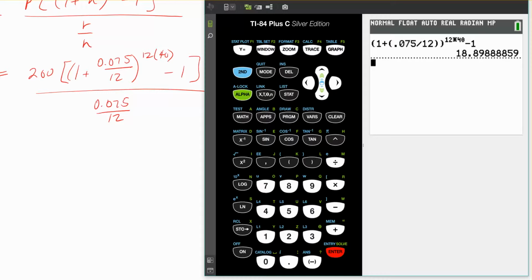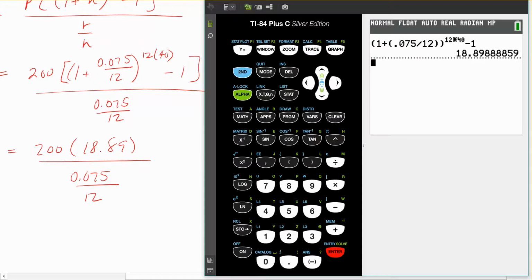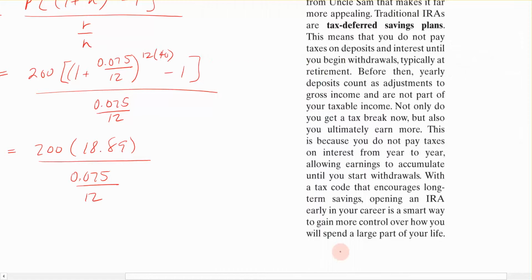Now I'm going to multiply. So what did I get? I got 200 times 18.89, and I'm going to divide that by 0.075 divided by 12. So I'm going to take 200 and multiply it times that previous answer to avoid any rounding errors, and I hit enter, and I get approximately 3,779.